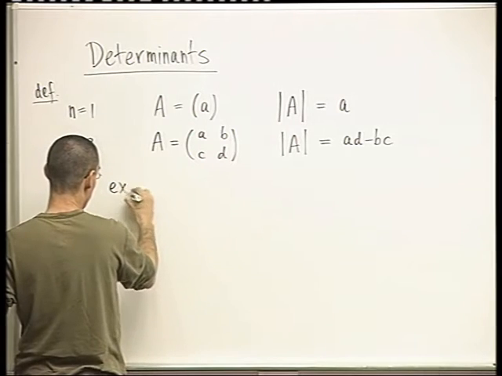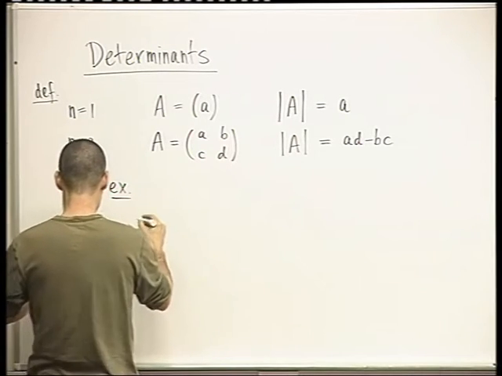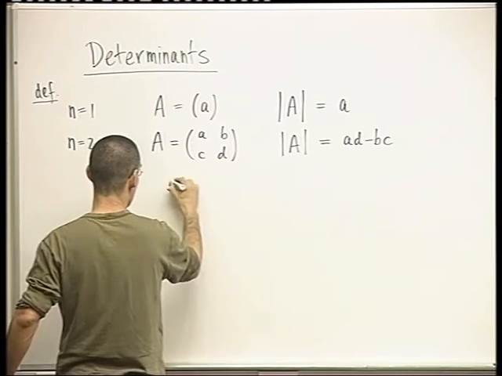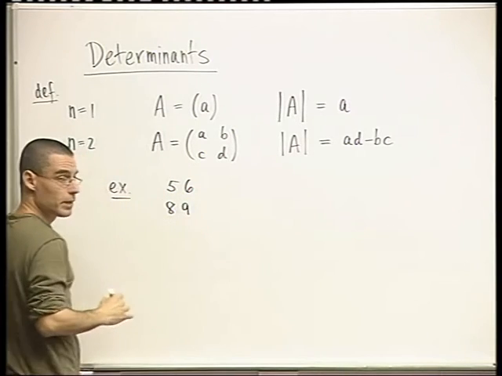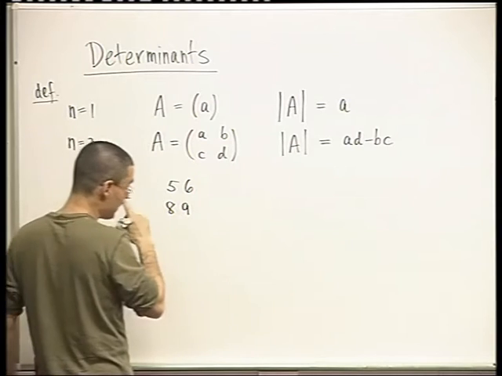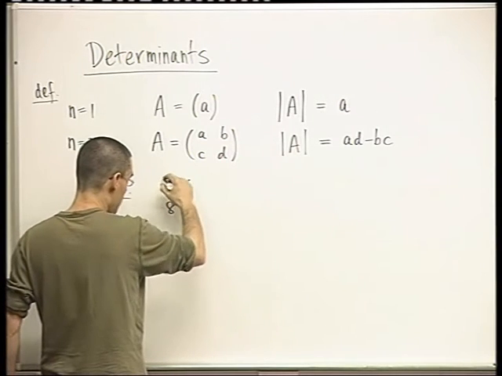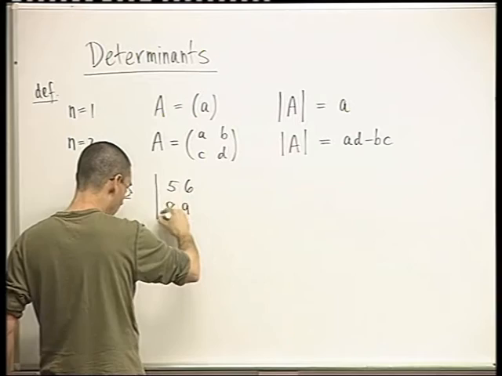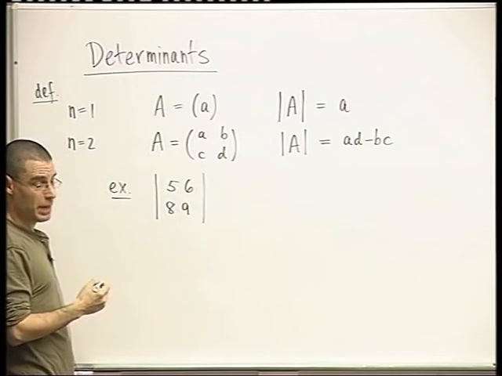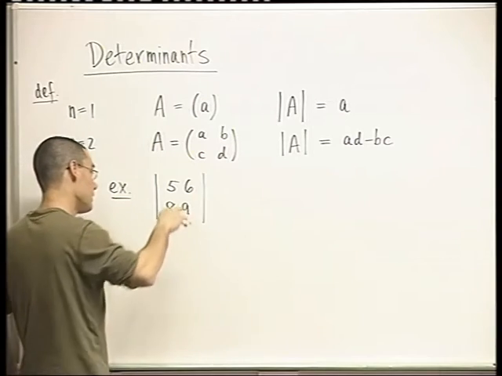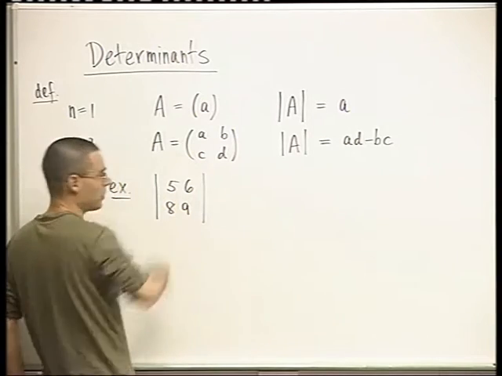Let's pause for a brief example. Suppose A is the matrix 5, 6, 8, 9. What is the determinant? Note that for the determinant, I should write the bars, and inside the bars, the parentheses. But it's usually written without the parentheses.